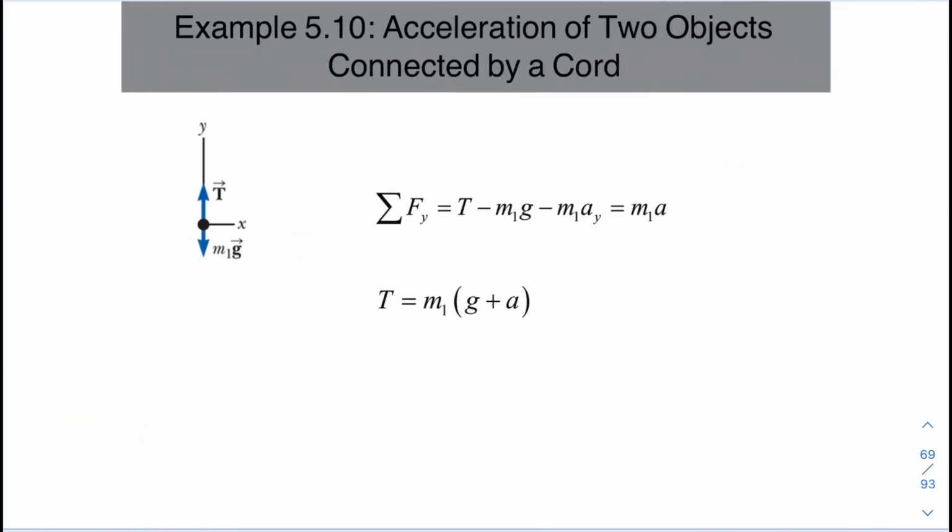From there, let's analyze. Summation of Fy is equivalent to T, positive upward, minus Mg is equivalent... This is wrong.